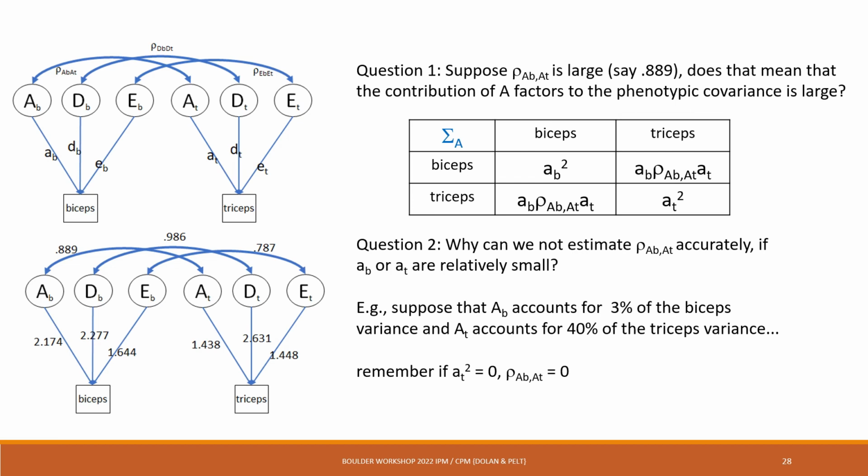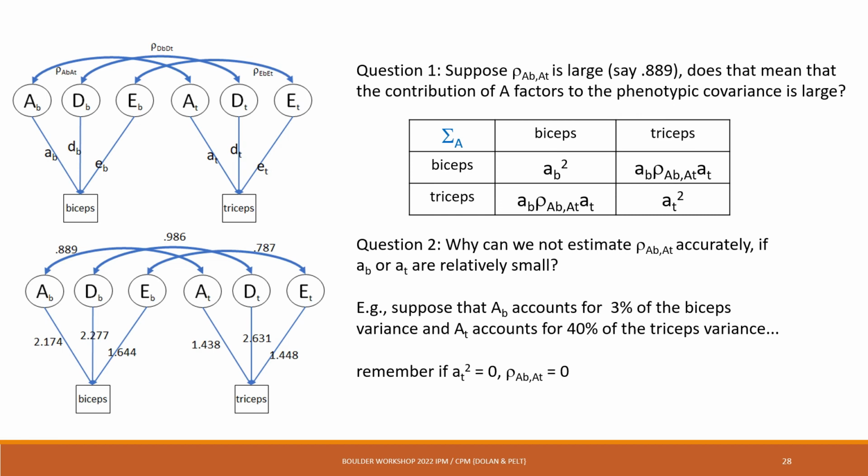Suppose I show you this model, top left, and I say the correlation between AB and AT, shown as rho AB,AT, is very high, it's 0.9. Does that mean that additive genetic effects are making a large contribution to the phenotypic covariance? So if the correlation between the A's is very, very large, does that mean that the A's are making a large contribution to the phenotypic covariance?